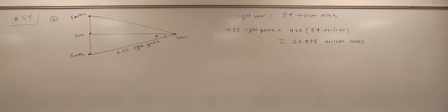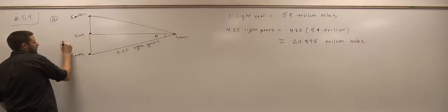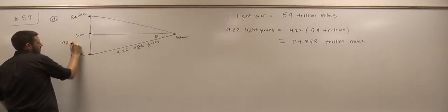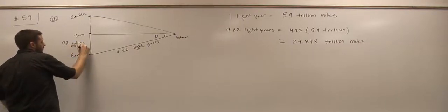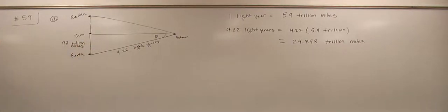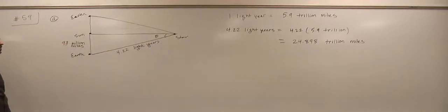Then it says the mean distance from Earth to the Sun is about 93 million miles. What is the parallax of Proxima Centauri? So they're telling you this distance here is 93 million miles, and they want you to solve for this theta here, which is what we call the parallax.